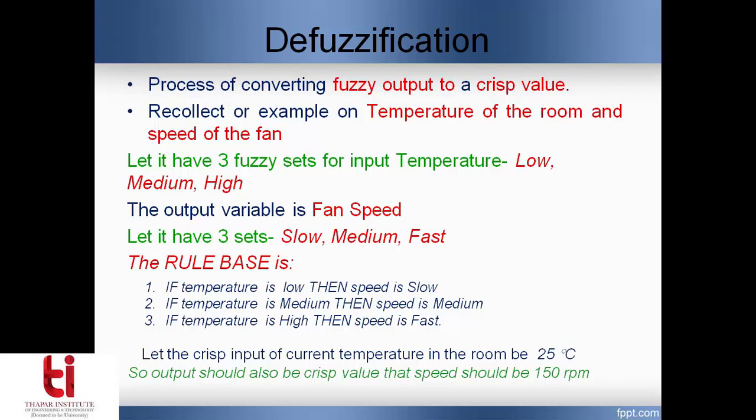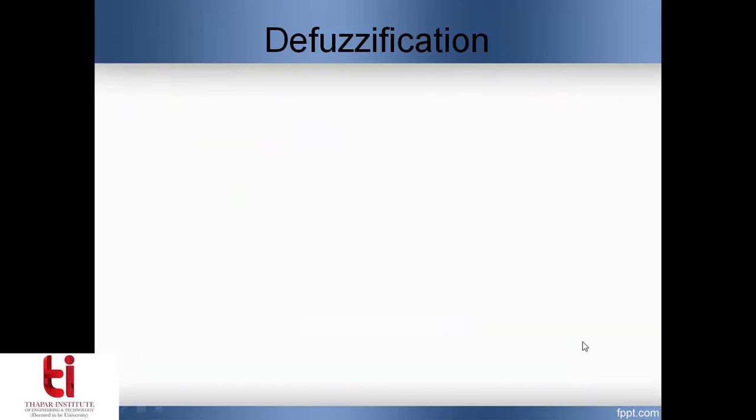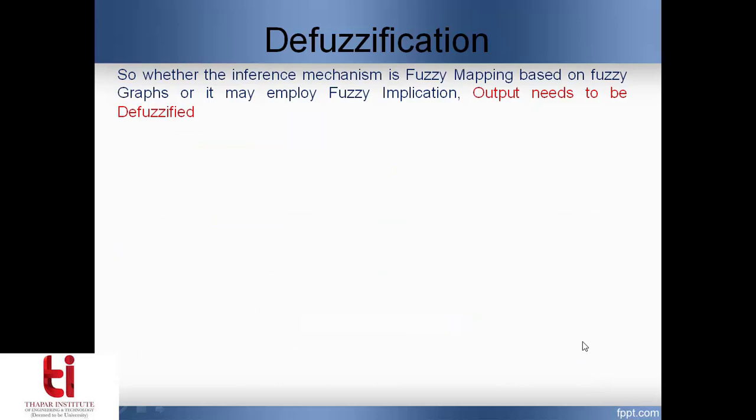I need a certain value in terms of speed to set the fan, something like, let's say, 150 rpm or 300 rpm. So to get this output from a fuzzy set, where my output can assume certain membership from the different fuzzy sets, I have to get a single crisp output from that. That requires defuzzification.